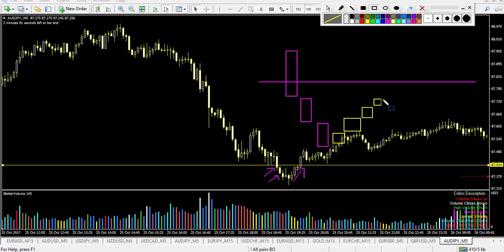It will take more candles to go up than what it took to go down. And when you have this kind of candle, this is healthy to take the rejection, because the price action shows you it is more powerful to go in the downside direction than in the upside direction. It took 3 candles to go down for the same distance, and it takes 5, and it will take 6 or 7 to make the same way up. So when you have this configuration of candlesticks, this is very healthy to take the level.